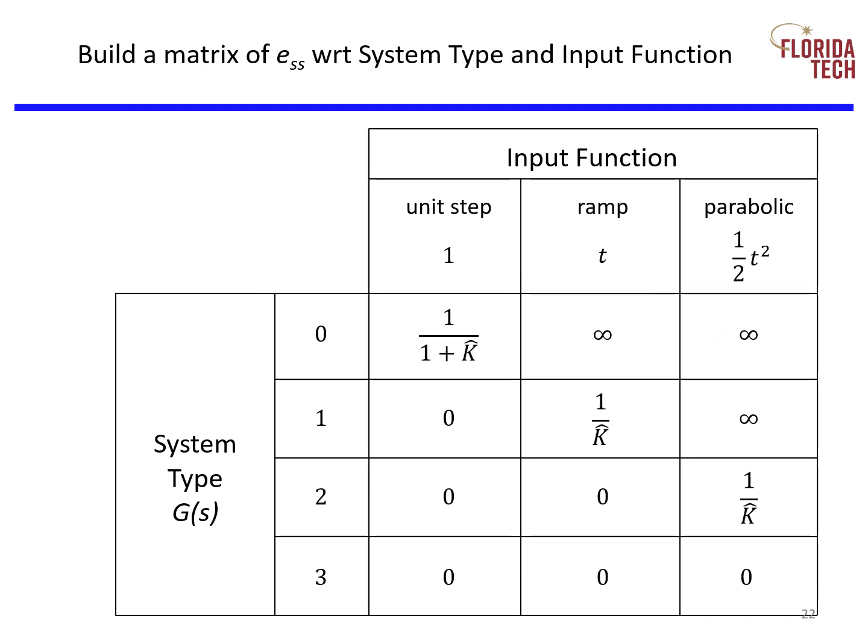Here's the matrix of steady state error with respect to system type, or the rows of the matrix, and reference input, the columns of the matrix. From this matrix, we can quickly see where we can expect steady state error to be 0, finite, or infinite. And remember, steady state error of infinity is really, really bad.